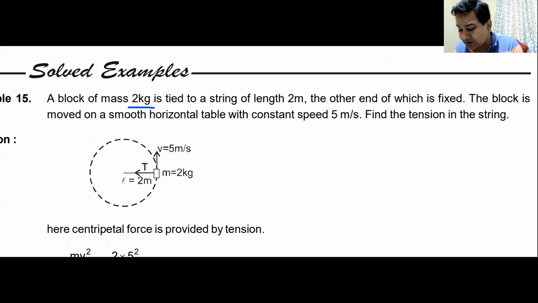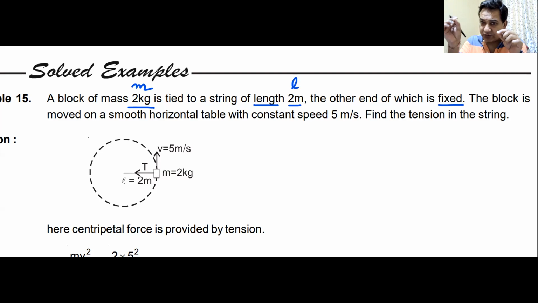Now instead of calling it 2 kg, let me make the question general and call the mass m. A block of mass m is tied to a string of length, instead of 2 meter, let me call it L. So a block of mass m is tied to a string of length L. The other end is fixed.